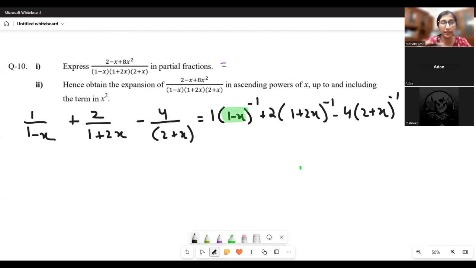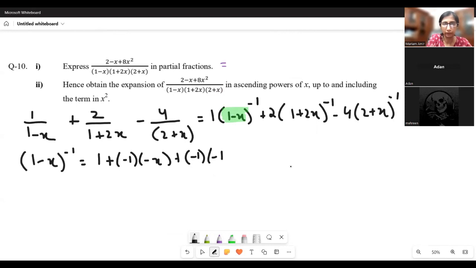And we have to go till x squared. So that's 1 plus minus 1 times minus x plus minus 1 times minus 1 minus 1 upon 2 factorial times minus x whole squared. What will that get us?